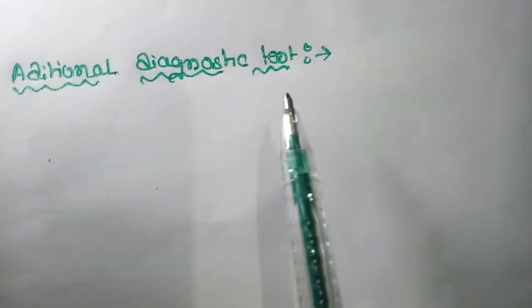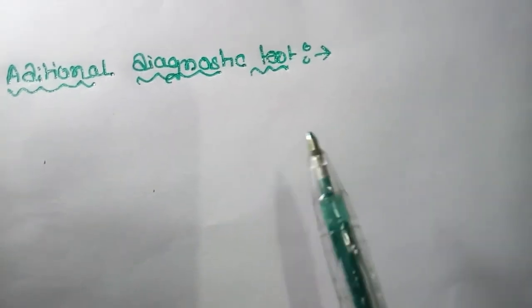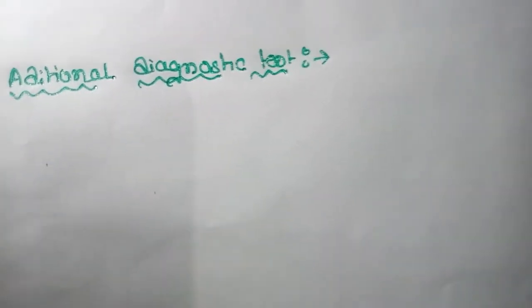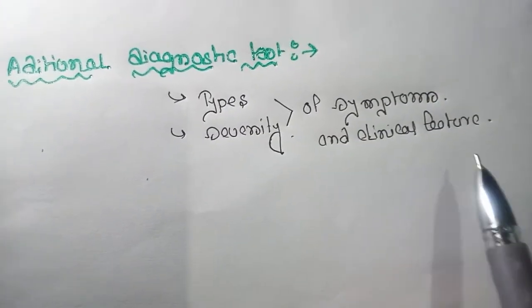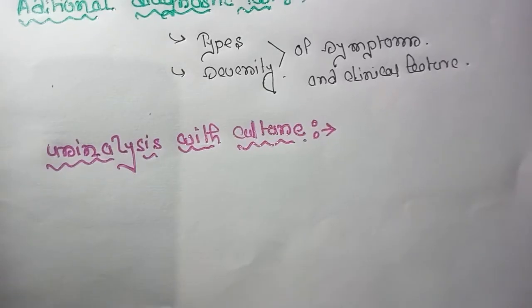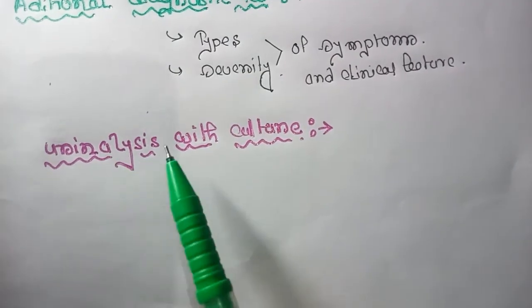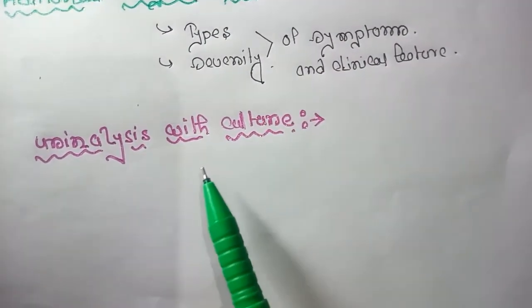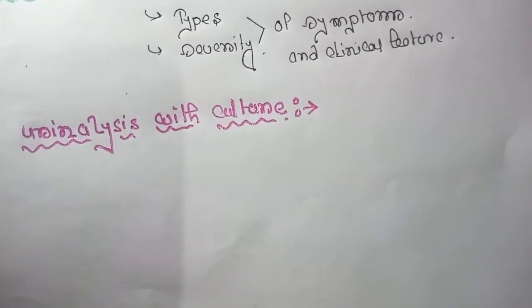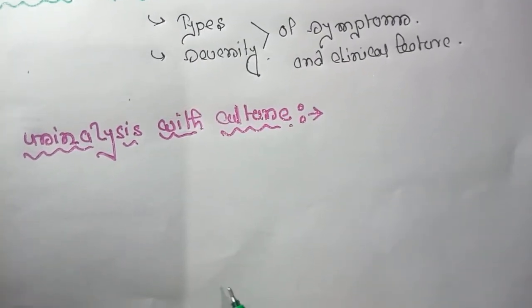Additional diagnostic tests may be indicated depending on the types and severity of symptoms and clinical features. The tests are urinalysis with culture. Urinalysis with culture is routinely done to identify any infection.